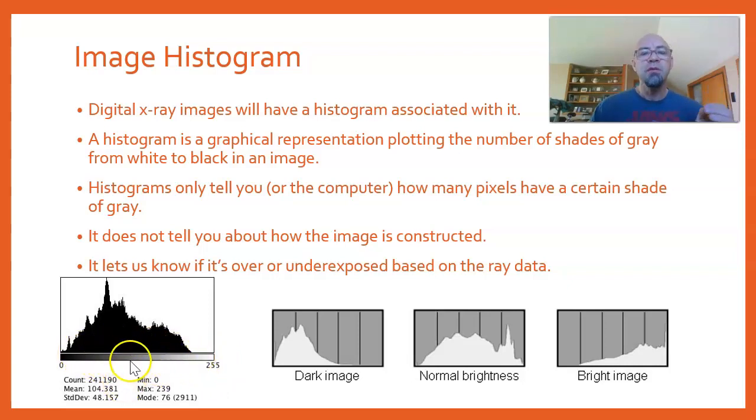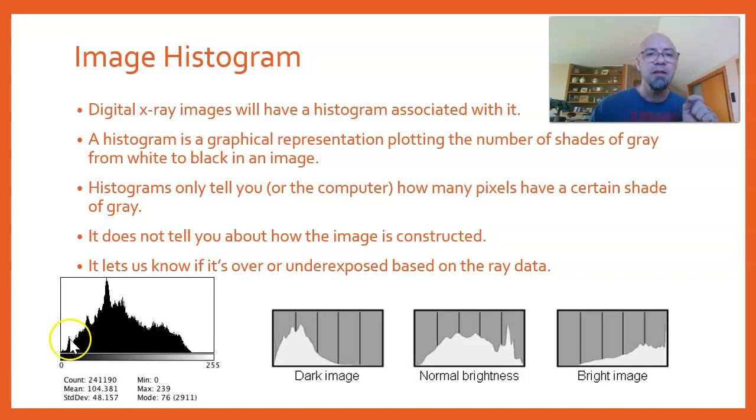And basically what we do is when the computer looks at an x-ray, it counts how many pixels have this 0 shade of black. You know, how many have this shade of gray, let's say that this is number, I don't know, 25. This shade called number 25, how many of the pixels in my image have that shade?